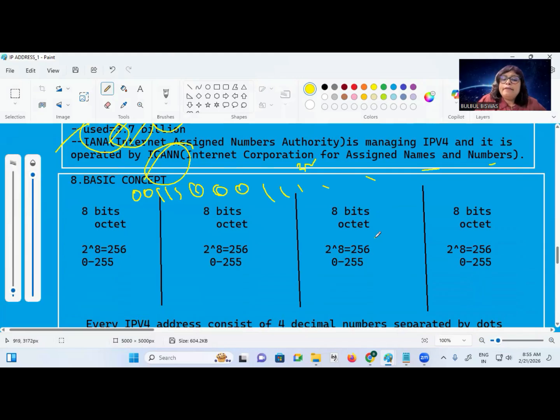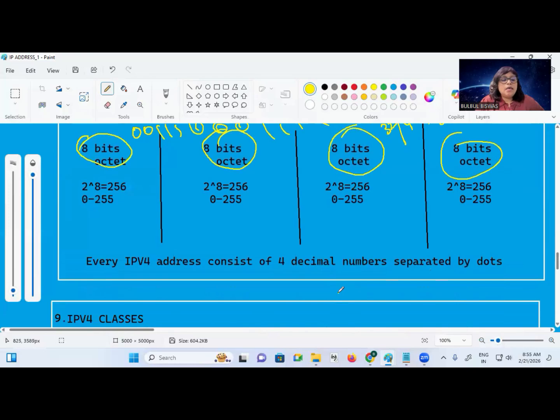So if I divide 32 by 4, that is 8 bits, you can see. And every 8 bits we call an octet. Am I clear? So you can see every IPv4 address consists of how many octets? 4 octets. Okay. Now, again, it is octet bits. Bit means binary, so the base is 2.